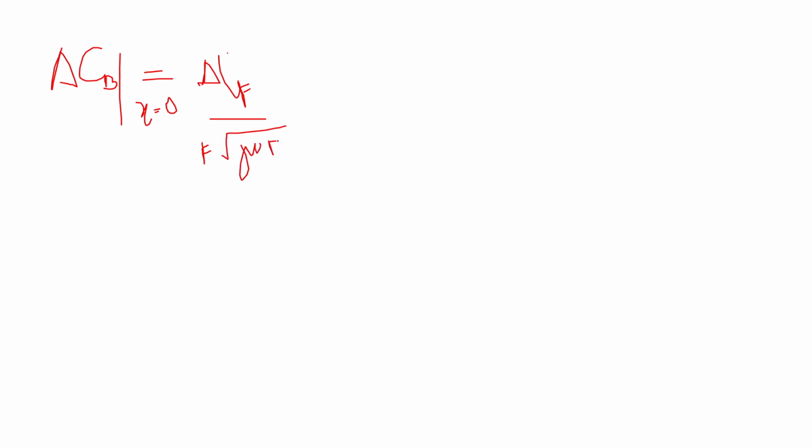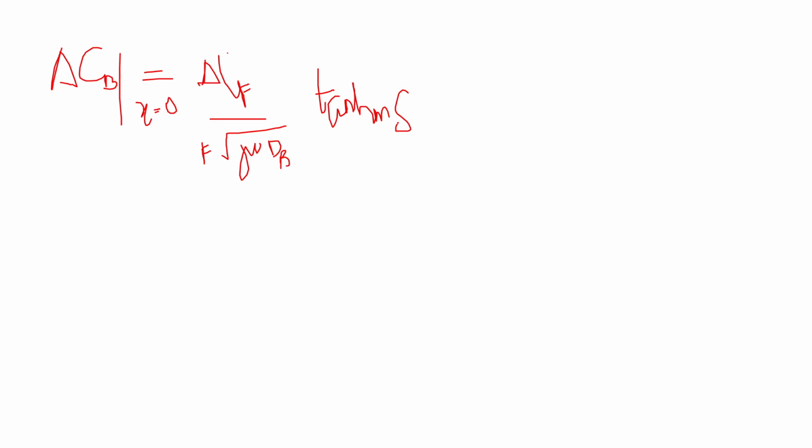Similarly, you'll also get, at x equal to 0, something of this form for both ∂CA and ∂CB, both in terms of ∂IF. So now what is the next step?